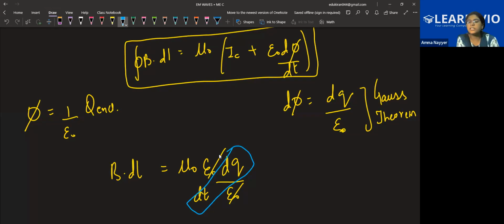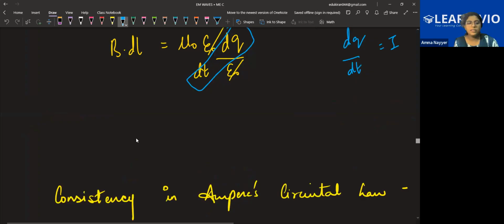Current. Good. So dq over dt is equal to the current. It means for the displacement current part, we can directly say B dot dl is equal to mu naught I.